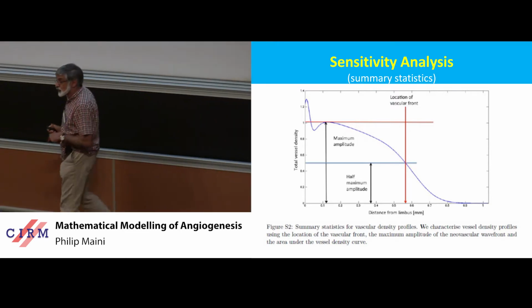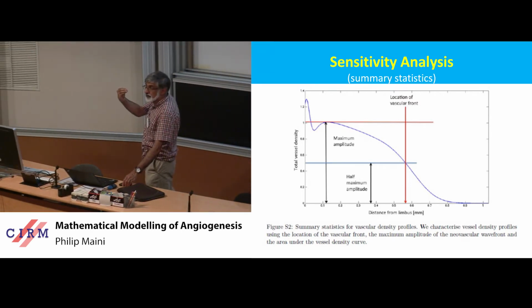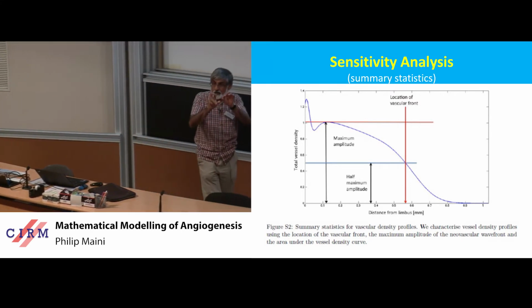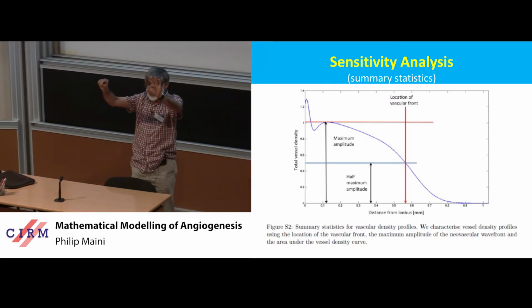Now remember I told you how you use these pellet experiments? Well, you do different experiments, so you put different things in the pellet, and you see how sensitive the front is to the different pellet.